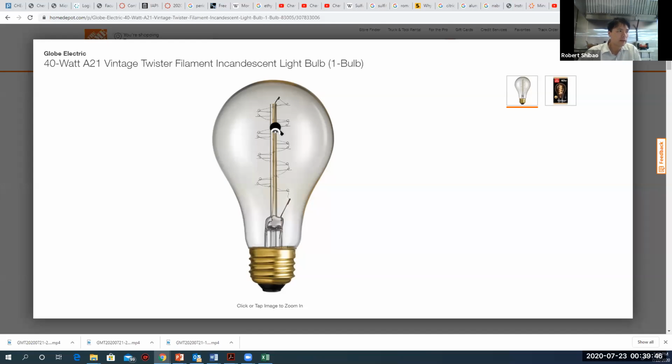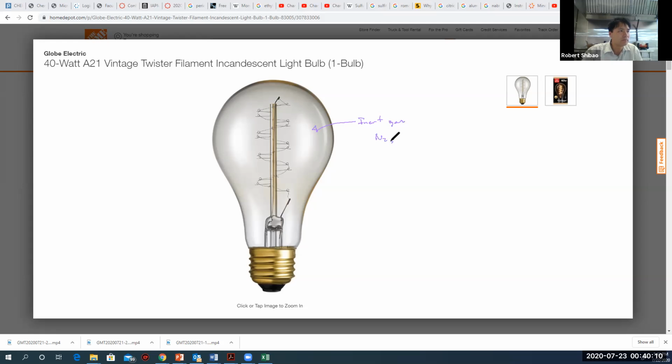And so we need to prevent oxidation. How do you prevent oxidation? Because we live in an oxidizing atmosphere. Air is 20% oxygen. So what we have to do is put in an inert gas. An inert gas would be like nitrogen.